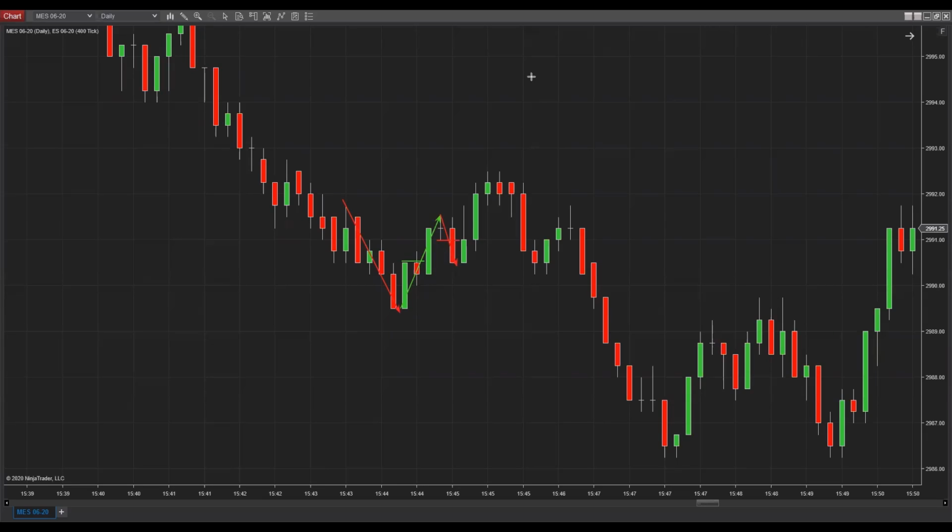And this is a downtrend until a candle breaks the prior candle's high, which we see here. This candle breaks the prior candle's high, even by one tick.